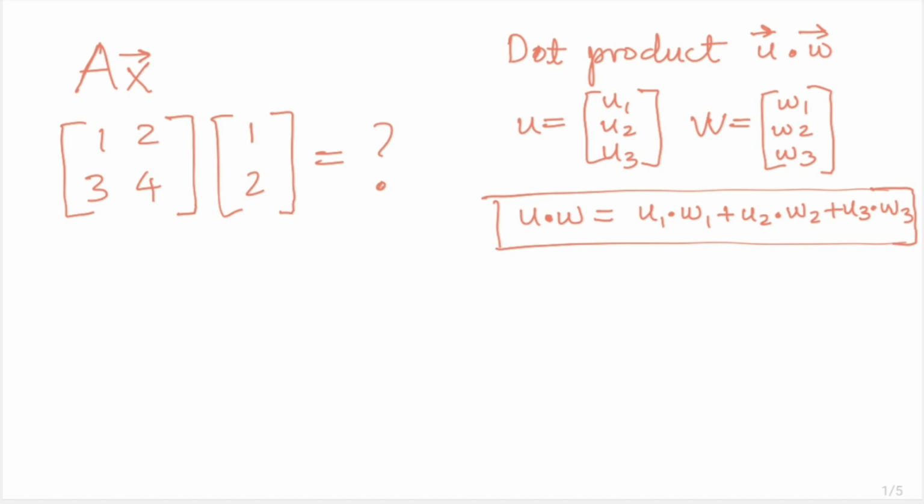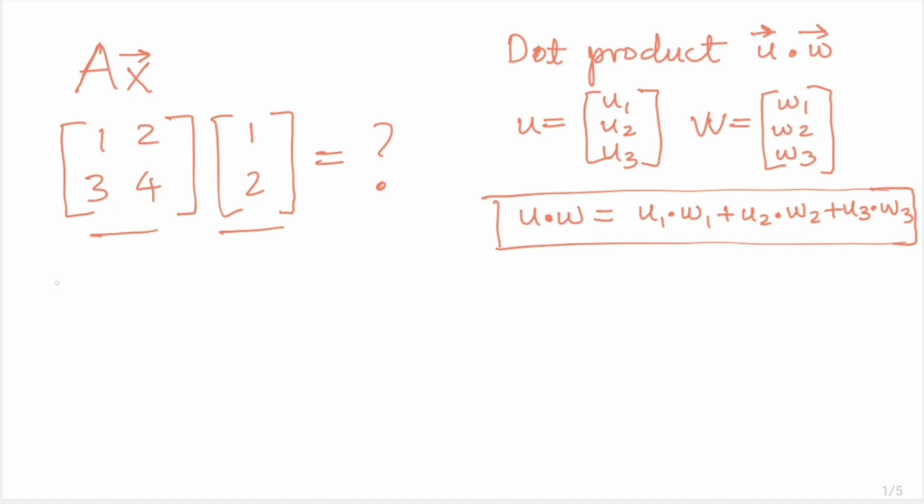It is with this that we typically define the matrix vector product, like Ax. The way it's defined is you take the first row of the matrix and take the dot product of that with the vector, and then you do the same thing with the second row. So with that, you write the matrix product as this vector.